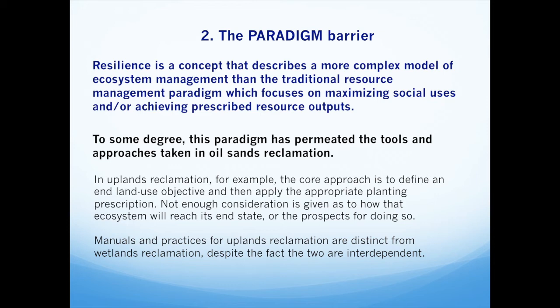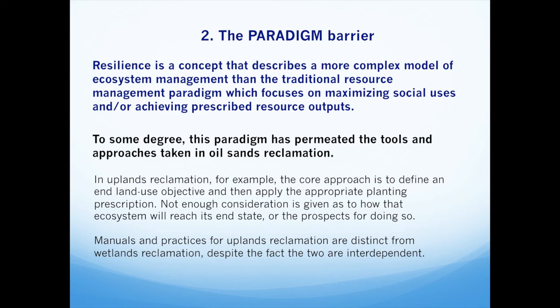And to some degree, this paradigm has permeated the tools and the approaches that we've already taken in oil sands reclamation. In uplands reclamation, for example, the core approach is to define an end land use objective and then apply the appropriate planting prescriptions. Not enough consideration is given to how that ecosystem will reach its end state or the prospect for doing so.